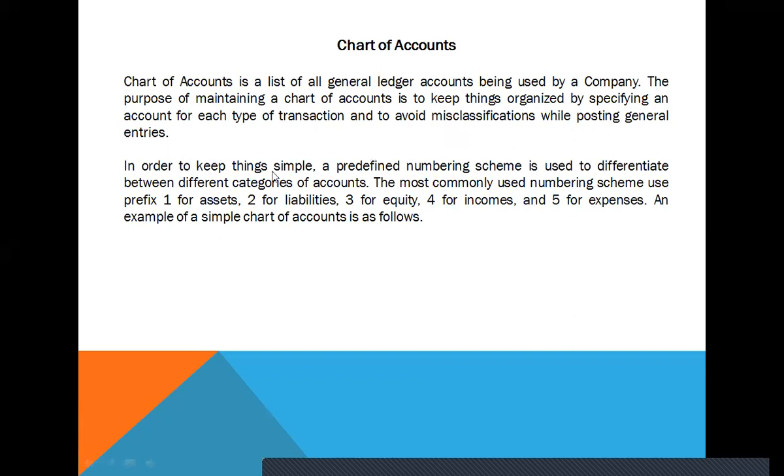In order to keep things simple, a predefined numbering scheme is used to differentiate between different categories of accounts. The most commonly used numbering scheme uses prefix 1 for assets, 2 for liabilities, 3 for equity, 4 for incomes, and 5 for expenses.